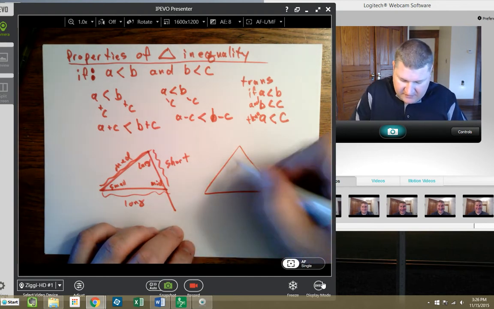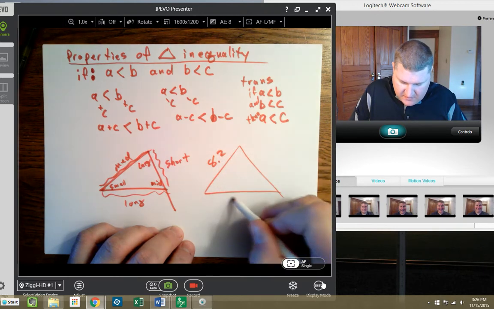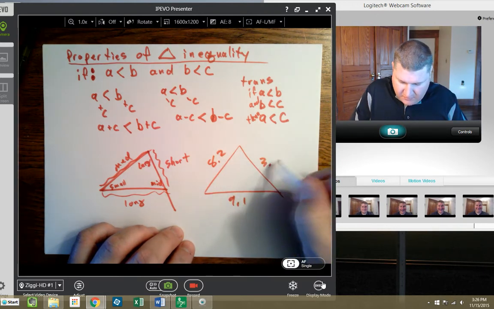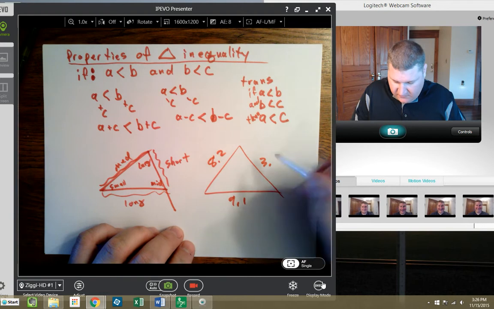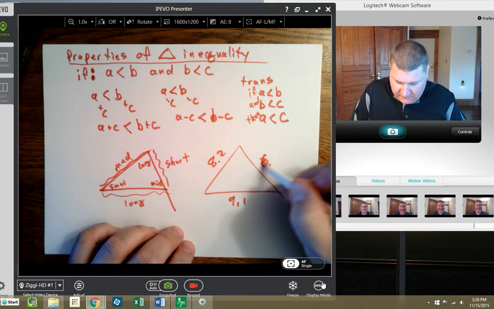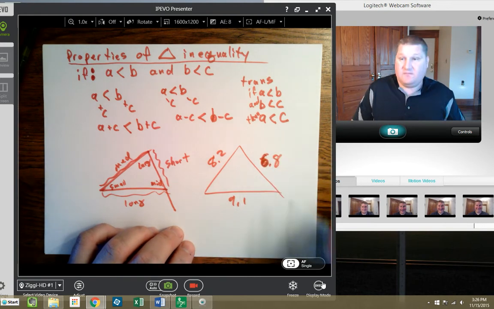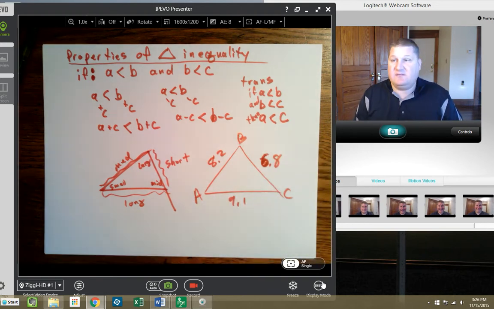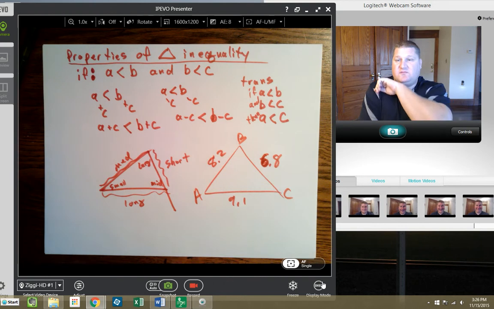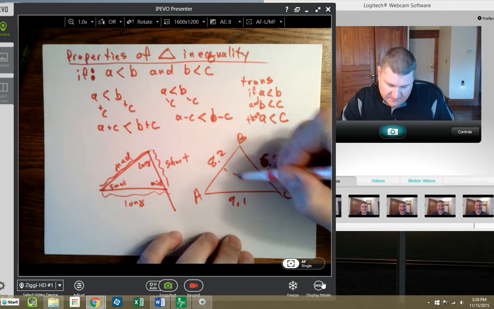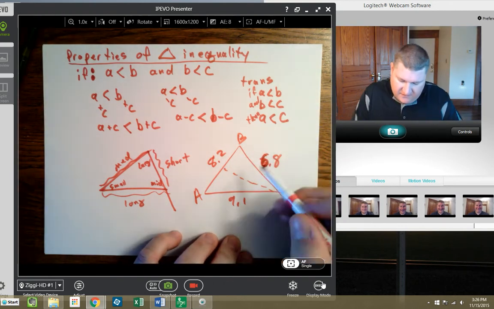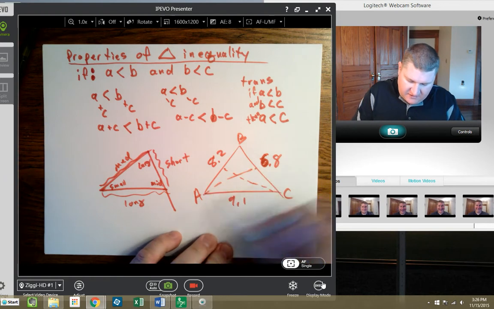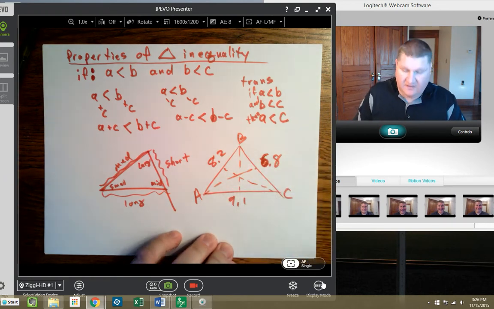In practice, it works like this. If I have something like 8.2, 9.1, and 3, well, that looks way longer than 3, so let's go 6.8. If I'm listing these angles A, B, C from largest to smallest, then this angle and this side go together, this angle and this side go together, and this angle and this side go together.